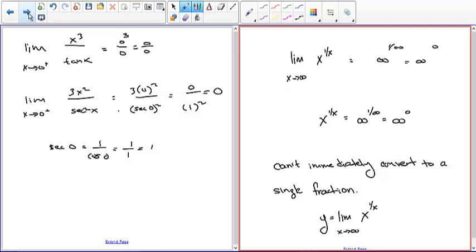That's not even a ratio. Well, you use the properties of logarithms like we did in chapter 5. You can't immediately make it into a fraction, but you can only use L'Hopital's rule if it's a fraction. So we have to find some way of making this into a fraction.